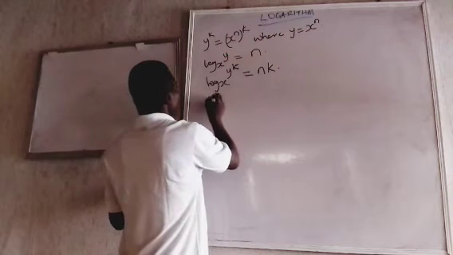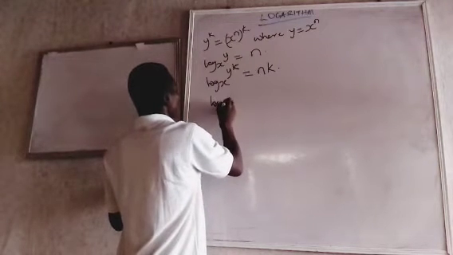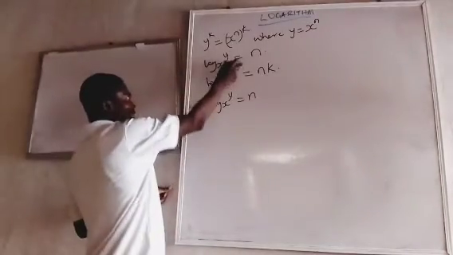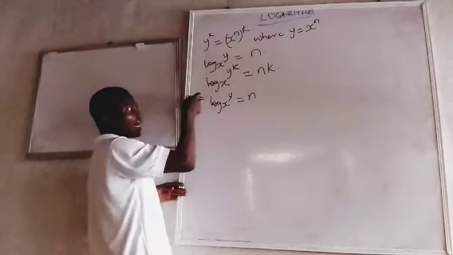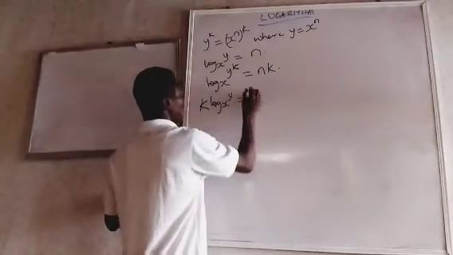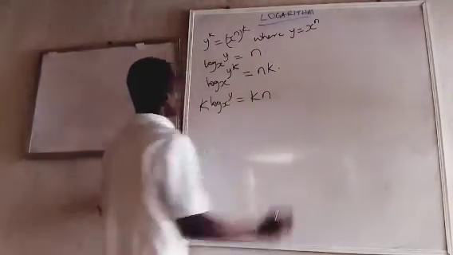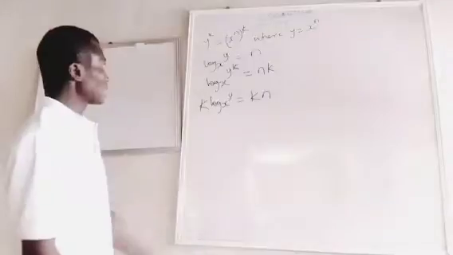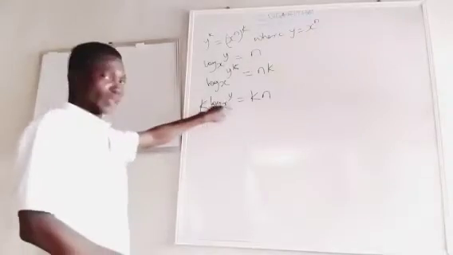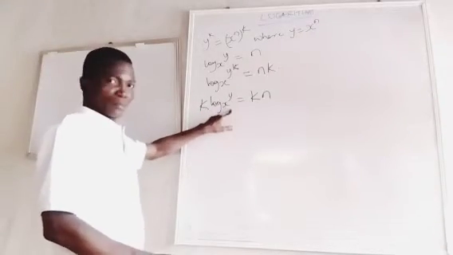So we can still make it like this. It means that log y to the base x is equal to n. So this power, this k, can come to the front, and so it's going to be kn. What we are trying to derive here is that when we have this power here, we can bring it out to multiply this one.